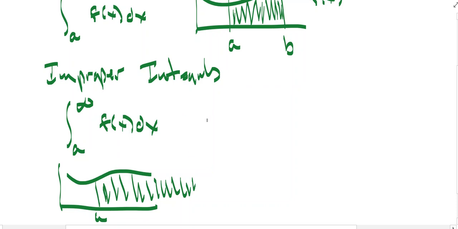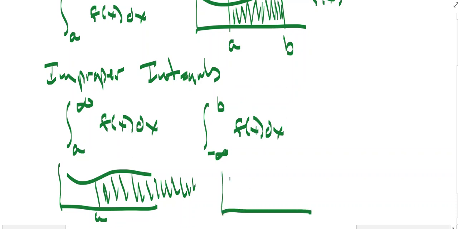Another situation would be where the lower bound a is going towards negative infinity. In other words, there is no lower bound. So we have an upper bound b, but we have no lower bound.